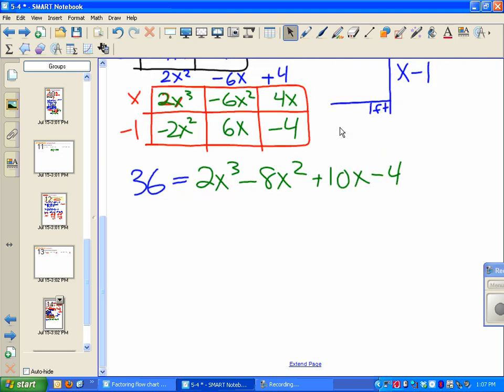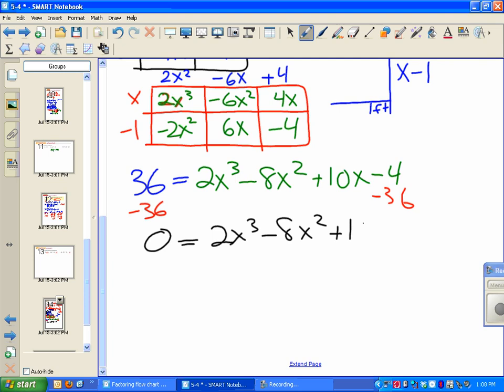All right, so now we get to subtract 36 from both sides. Okay. So we've got 0 equals 2x cubed minus 8x squared plus 10x minus 40.